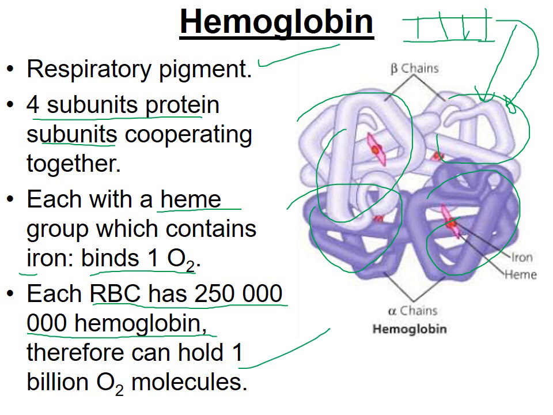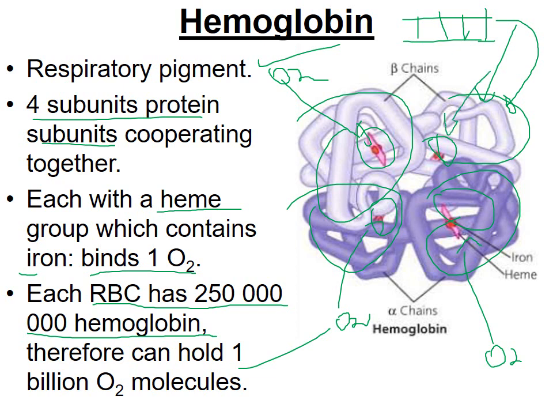Because remember, each subunit has a heme group. Each subunit can hold 1 O2. So O2 here, O2 here. If you have 2 hemoglobin molecules with these heme groups, you can hold 8 oxygens. So when you have 250 million, you can hold 4 times that, 1 billion.